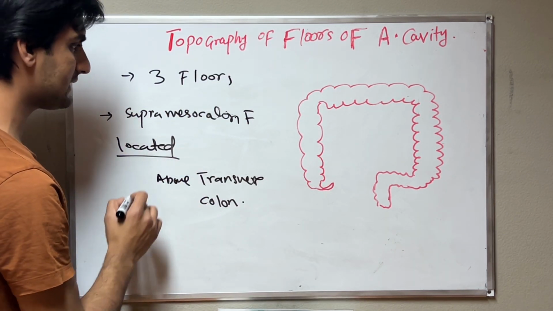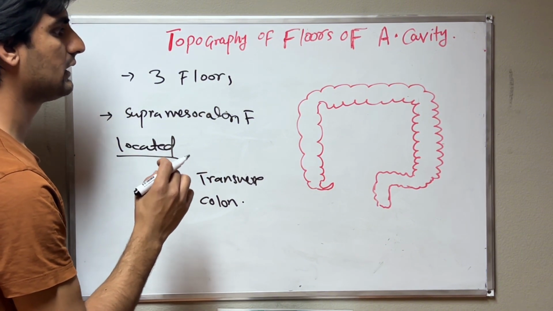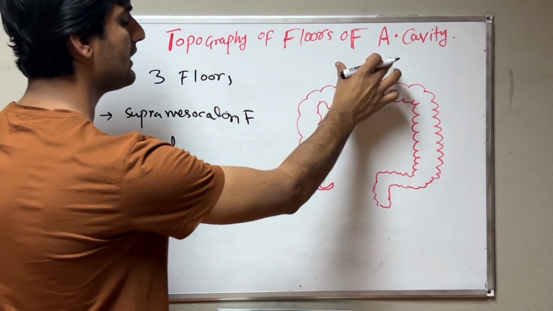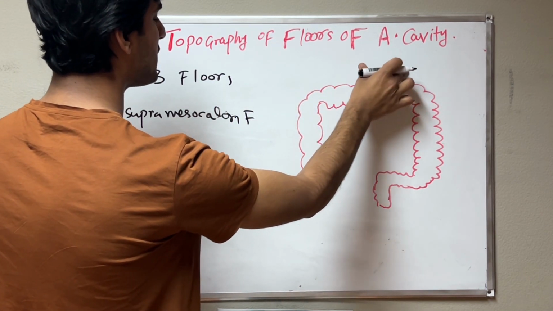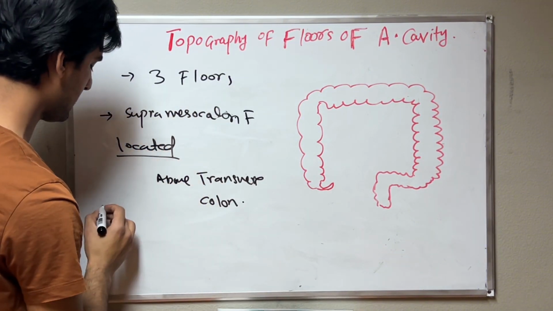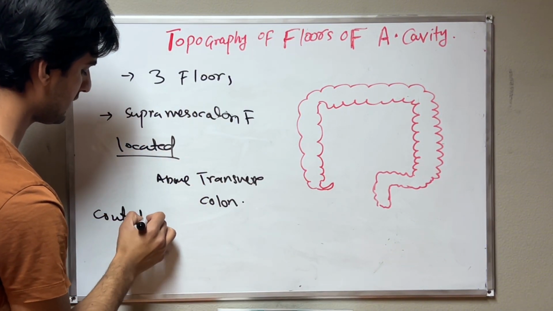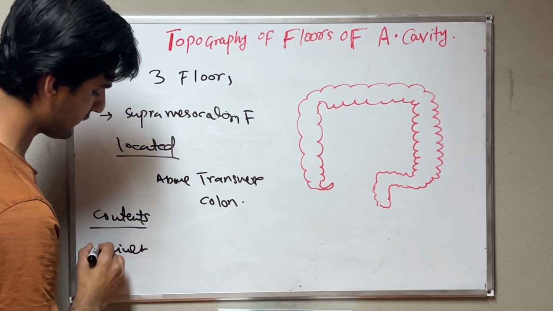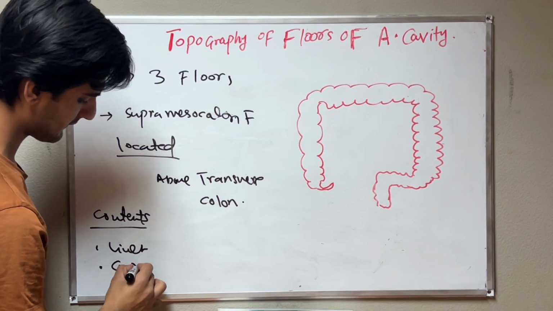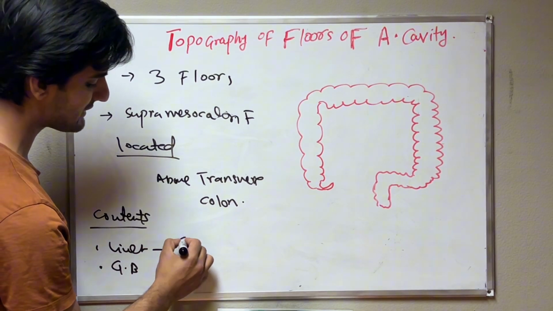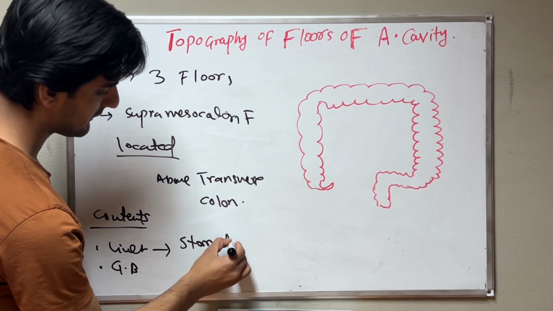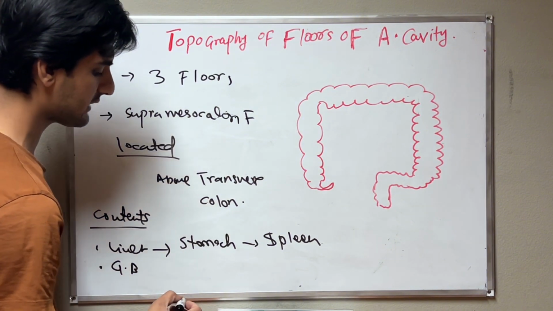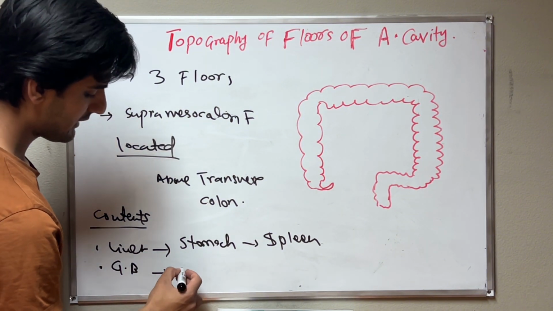Now we will discuss the contents, which means which organs are located in the supramesocolic floor. First, remember the liver. Then we have the gallbladder, then the stomach, then the spleen. Then we have the esophagus.